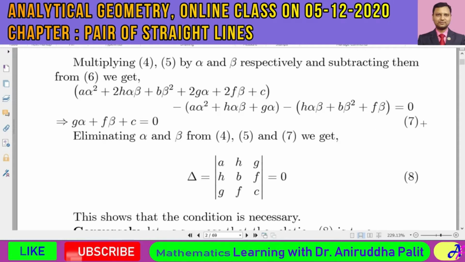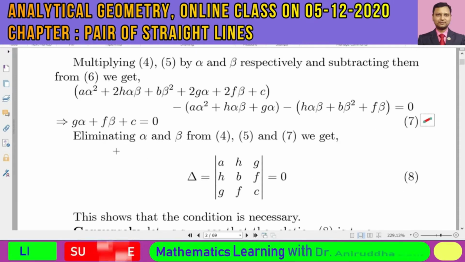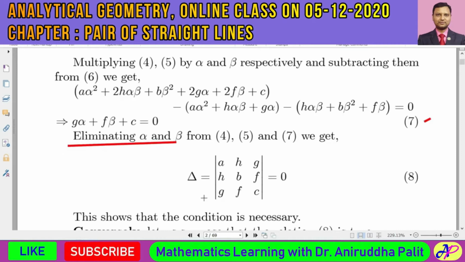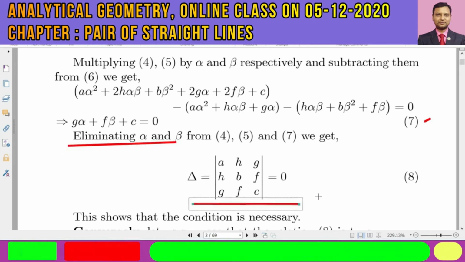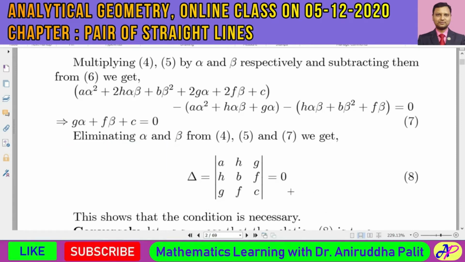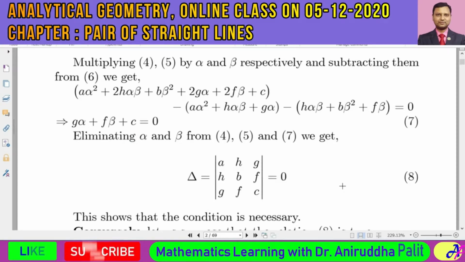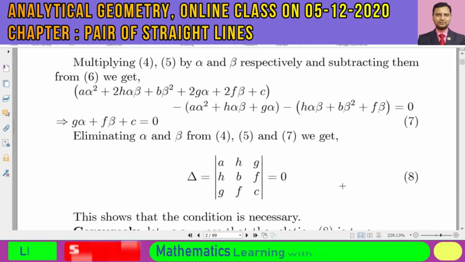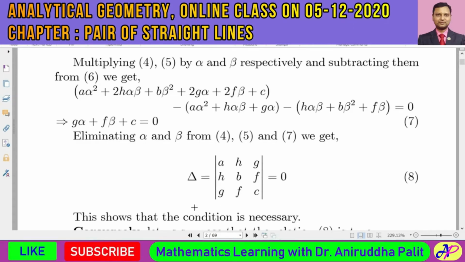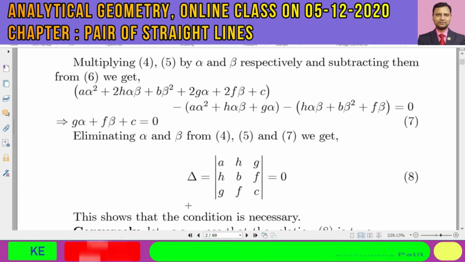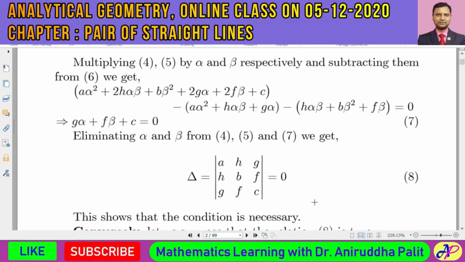So after writing 5, you can directly say that eliminating alpha beta, we get this result, delta is equal to 0. Okay, so this is the first part. It proves that if equation number 1 represents a pair of straight lines, then we must have delta equal to 0.